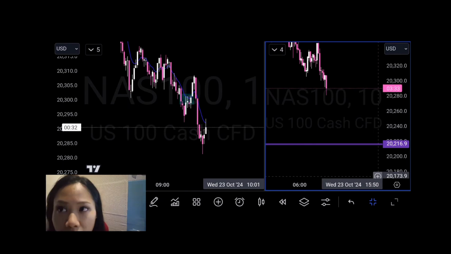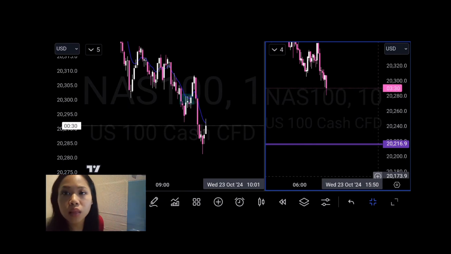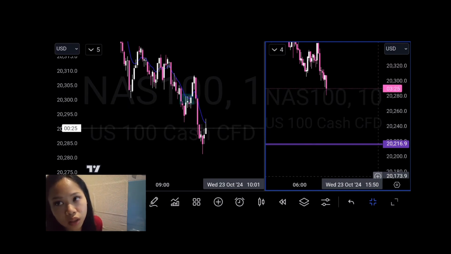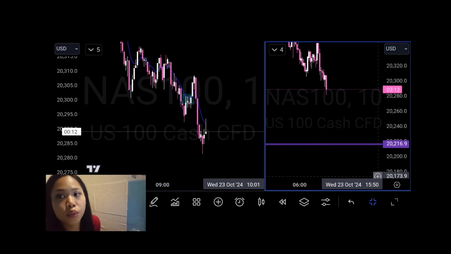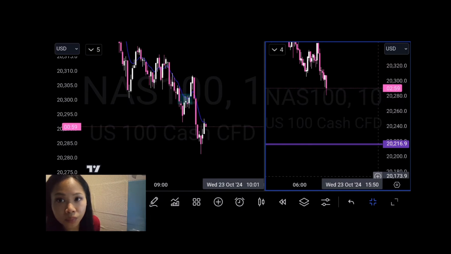But it is respecting that EMA at the 1 minute, which makes it possible that price will respect this trend and head down to that line without the 10-minute FVG. But I want to see how price reacts to this EMA as it comes down. It is respecting the trend.